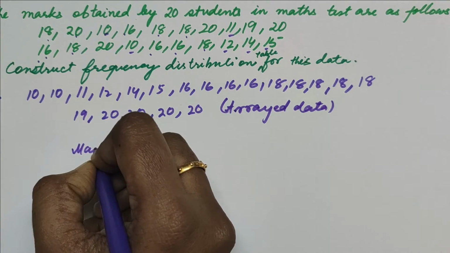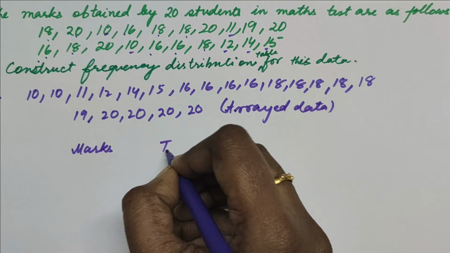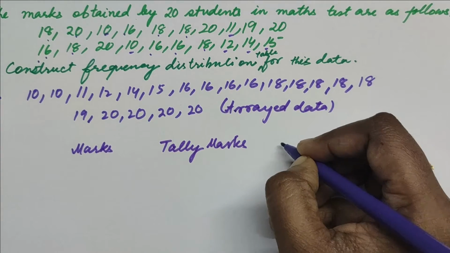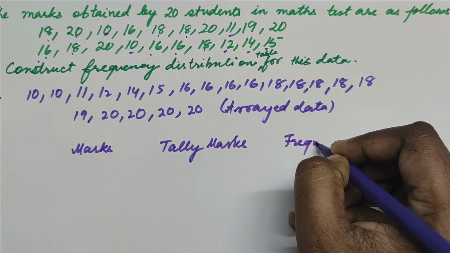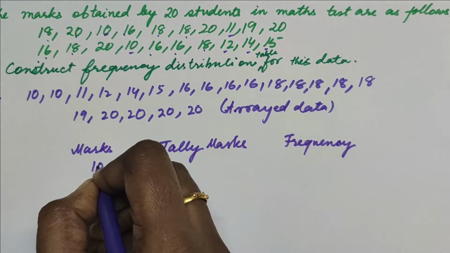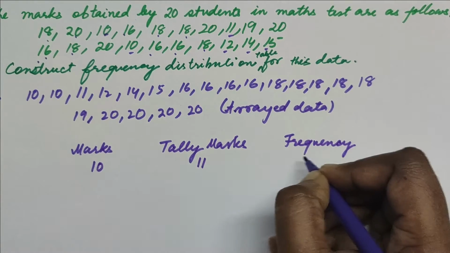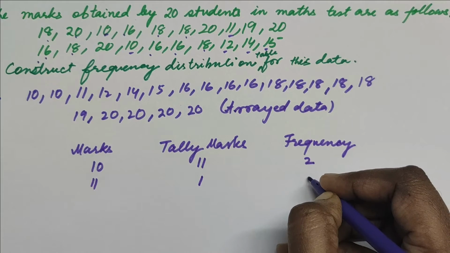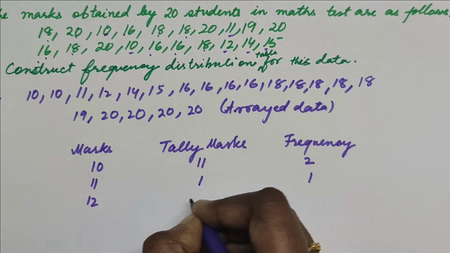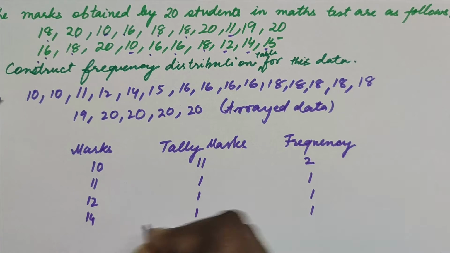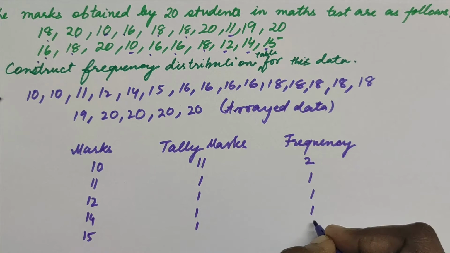I've arranged the information in ascending order, and I'm going to construct the frequency table. This is the marks, then I will have the tally marks, and then the frequency. Frequency is how many times it occurs. Starting with 10, 2 times, so 2 lines, frequency is 2. 11 one time, frequency 1. 12 one time, frequency 1. 14 one time, frequency 1. 15 again one time, frequency 1.